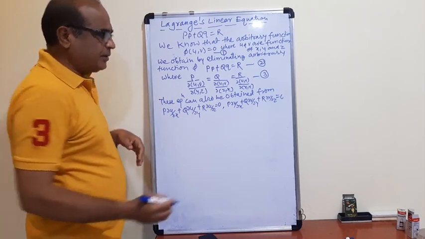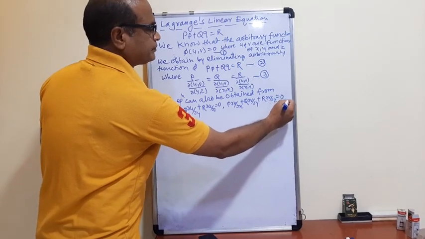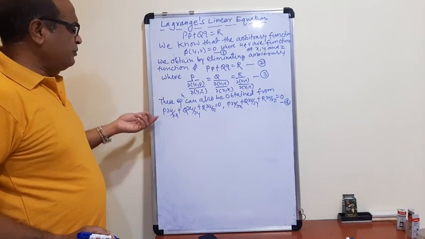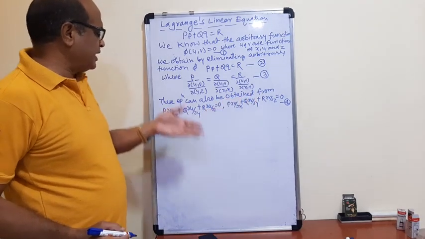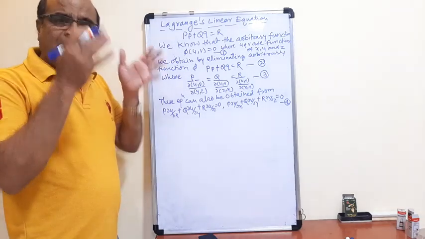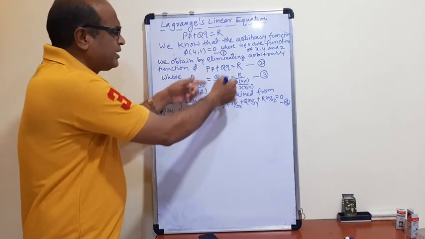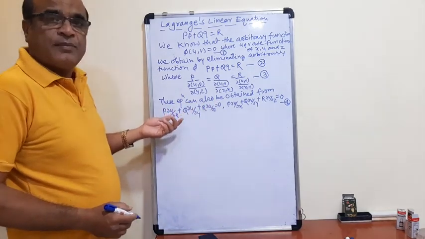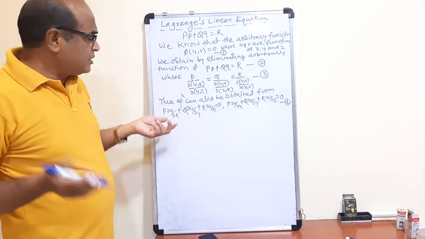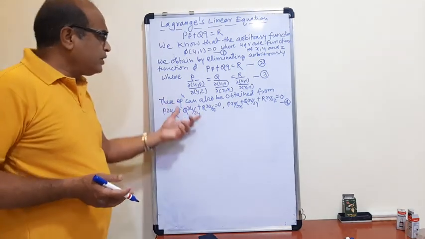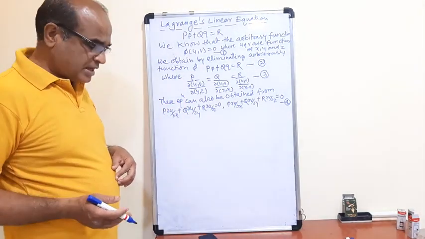This can be written as equation number 4. If we solve these equations, we get again this. This is a Jacobian, which we write in determinant form. If we solve these two simultaneous equations for P, Q, R, we also get the same result.